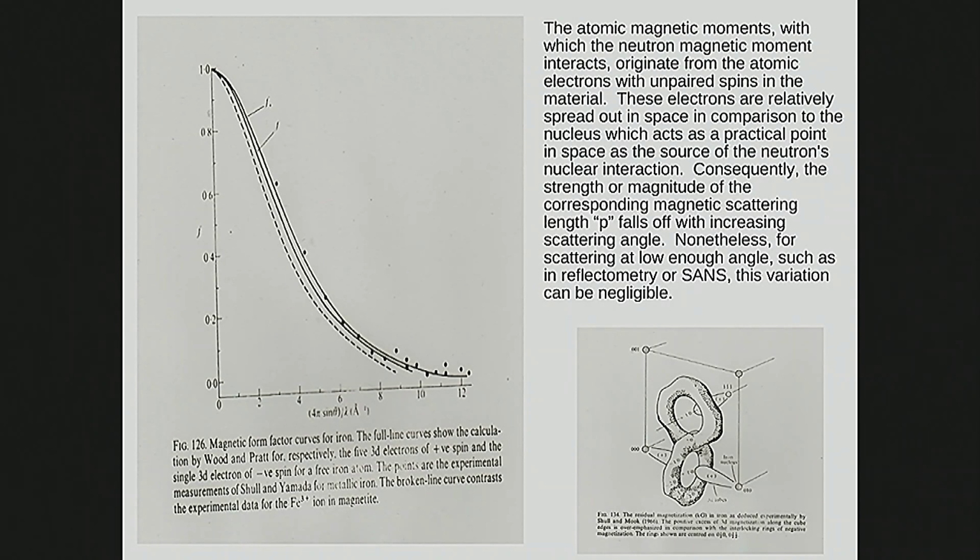One thing also to remember is that for neutrons, the neutron-nucleus interaction is confined to a region of space that's a tiny, tiny, tiny fraction of an angstrom, a Fermi unit of length. So we can treat the neutron-nucleus interaction for all practical purposes as if the neutron scattering power were concentrated at a point in space.